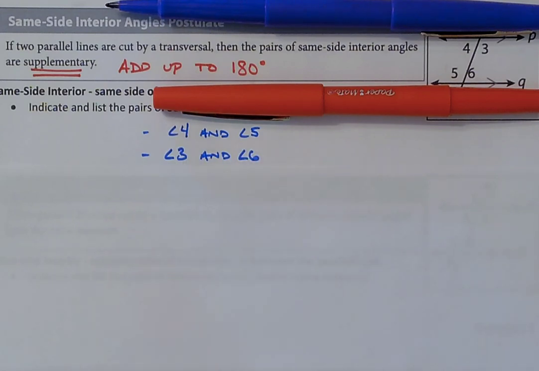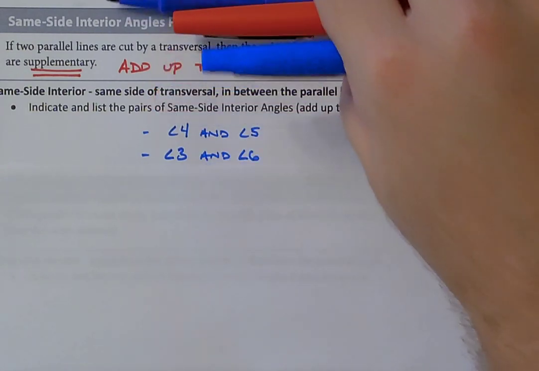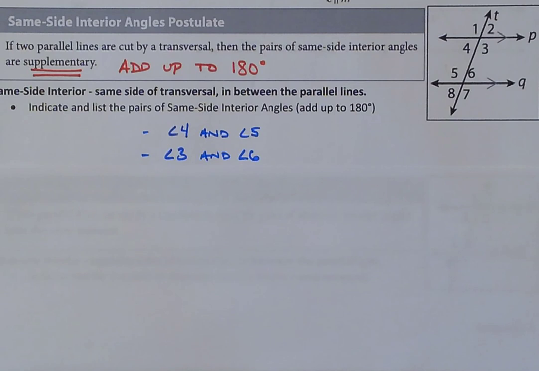So their measures add up to 180. For example, if angle 3 is 150 degrees, that would mean angle 6 would be 30, because 150 plus 30 equals 180. So these 2 have to add up to be 180, and these 2 have to add up to be 180. And that is what the same side interior angles postulate is talking about.